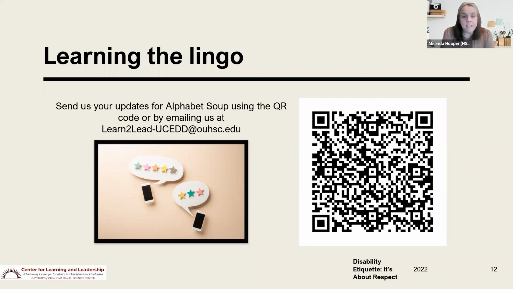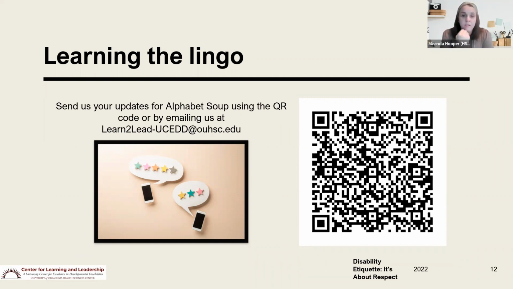So anything that you have, or if you look through it, I think on our last training, we actually had somebody send us one as an example, and we couldn't find it. So if you don't see it in there, please go ahead and send it our way. You can use this QR code on the slide by pointing your phone, and it will take you straight to an email.